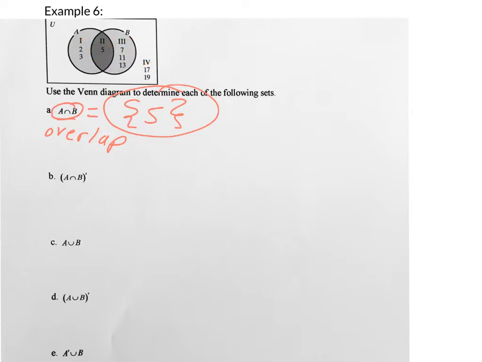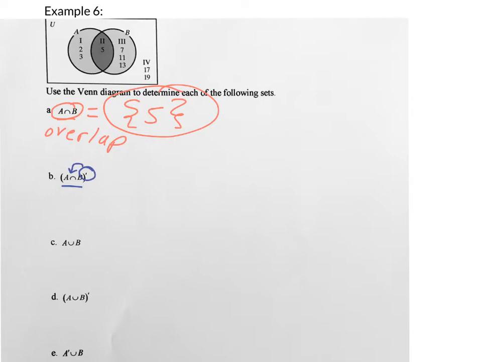So now taking a look at B. B says A intersected with B is in parentheses now, and we do have an apostrophe, a complement, to apply to what's inside the parentheses. So whenever the apostrophe is floating outside parentheses like this, it really means to apply it to the set operation that's inside the parentheses.